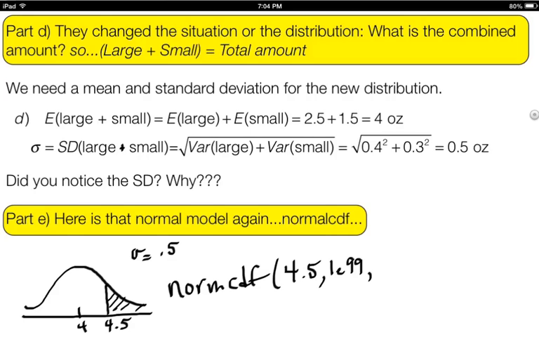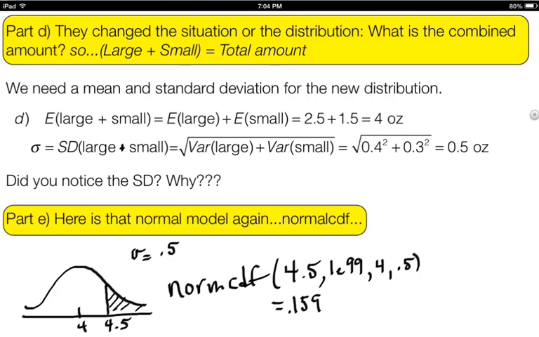The distribution's mean is 4. The standard deviation is 0.5. Whether I use the empirical rule or normal CDF, we're going to get 0.159, or if you use just the empirical rule by itself, you would get 16%. Either way, if your explanation included that, you would get credit for either one.